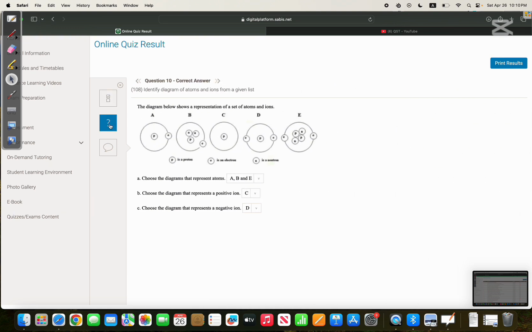Number 10. The diagram below shows a representation of a set of atoms and ions. Okay, so let's define atoms and ions.